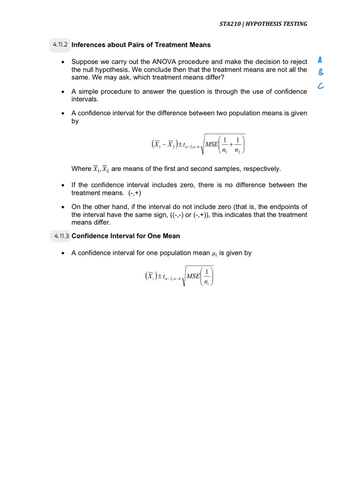Okay, so a confidence interval for the difference between two population means is given by x bar 1 minus x bar 2 plus minus t alpha over 2, n minus k, times the square root of MSE times 1 over n1 plus 1 over n2.